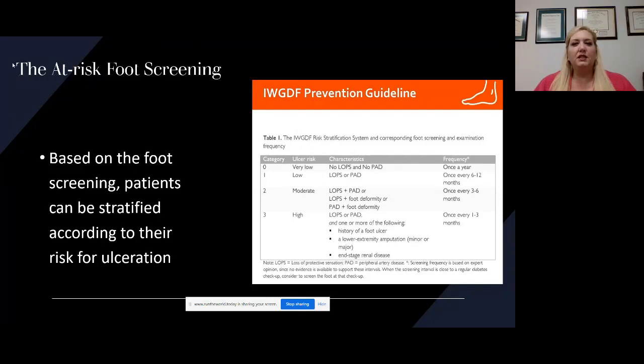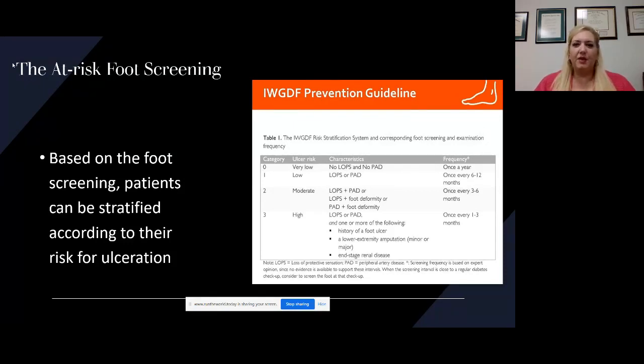If a patient is in category 1, they have low risk. They either have loss of protective sensation or peripheral arterial disease. We should see those patients at least twice a year. Now, when they get into that moderate phase, that category 2, they have loss of protective sensation and PAD, or they have loss of protective sensation and foot deformity, or PAD and a foot deformity, then we should see them fairly regularly.